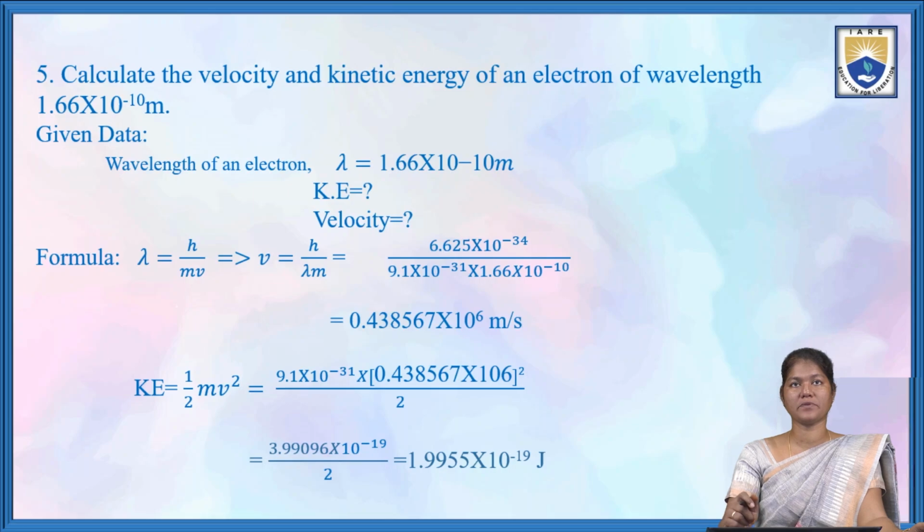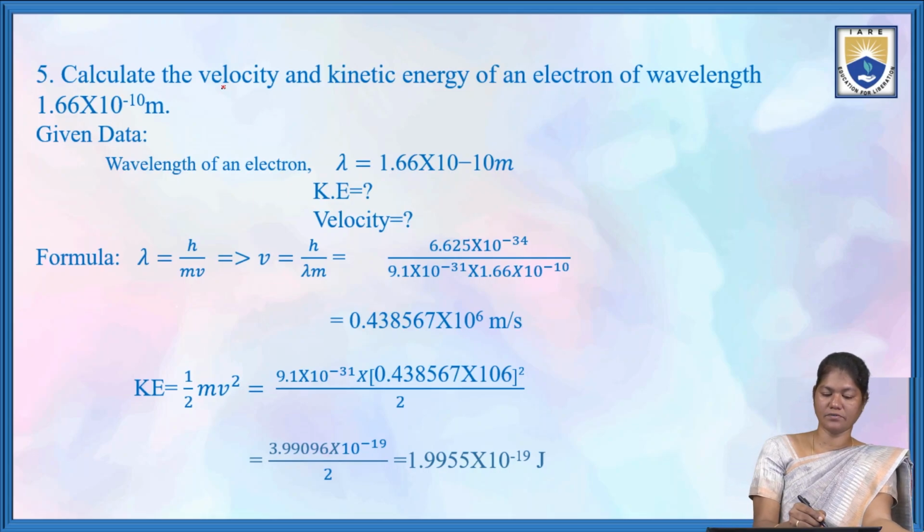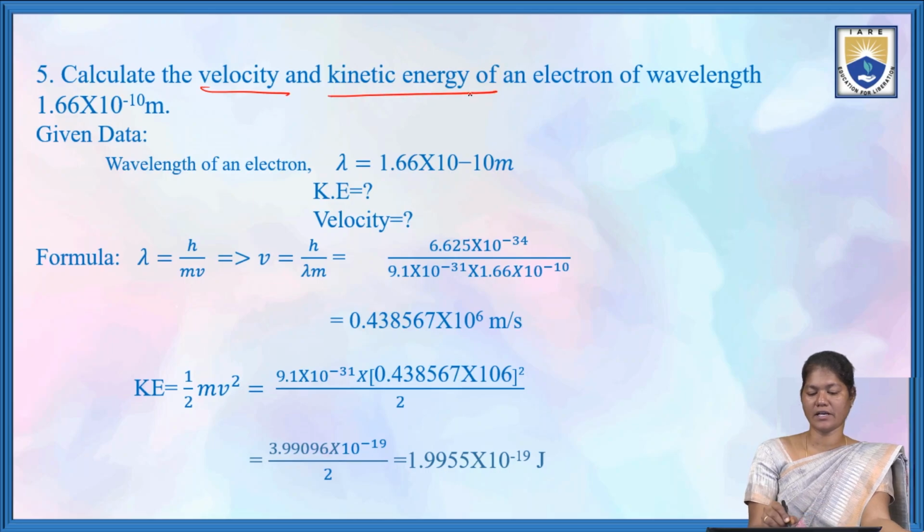Next problem: calculate the velocity and kinetic energy of an electron of wavelength 1.66 × 10^-10 meters. So here we have to calculate the velocity and then the kinetic energy of the electron.